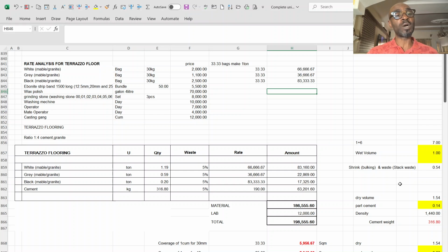As we all know, terrazzo flooring is a composite flooring that comprises a binder and multiple colors of granites, ranging from white, gray, black, depending on the varieties of stones you can find in the market.